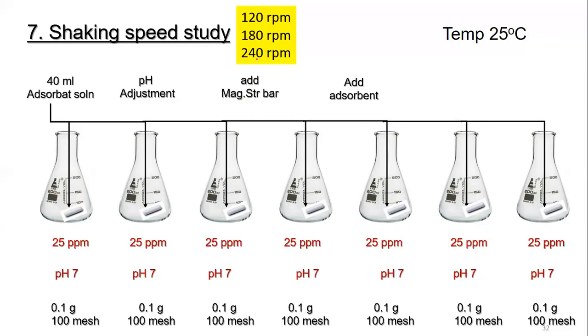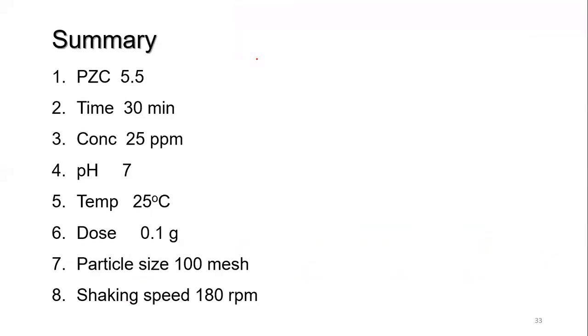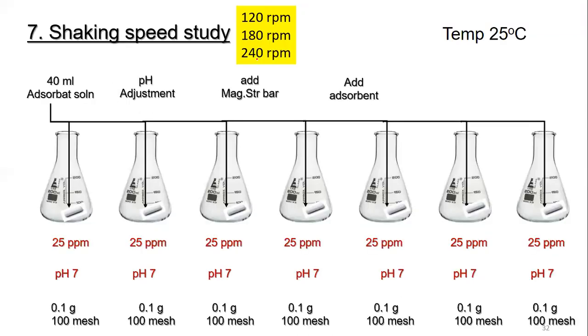So you have these different shaking speeds. When you perform at all these shaking speeds, you are going to plot the adsorption capacity versus shaking speed, and then you can find out our optimum shaking speed.